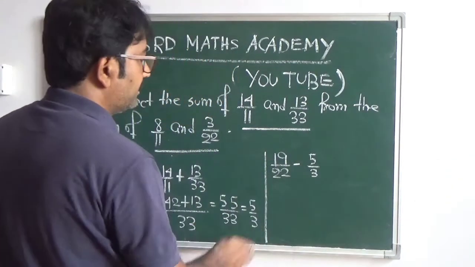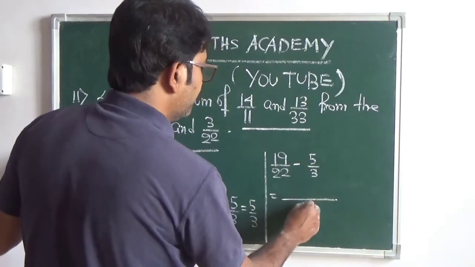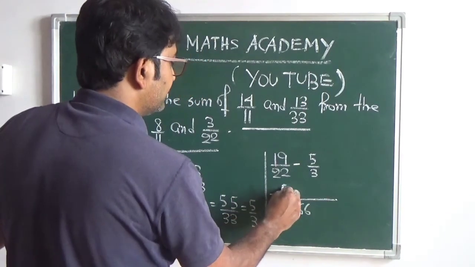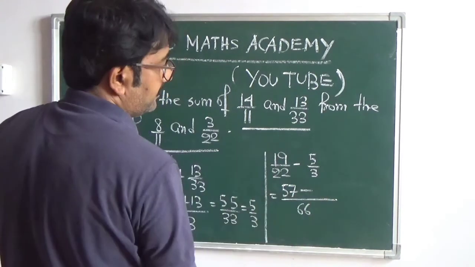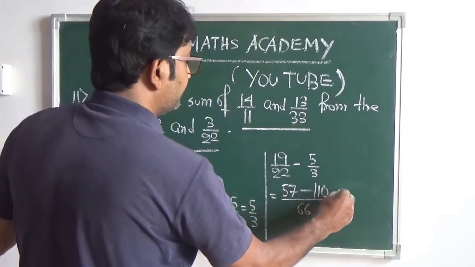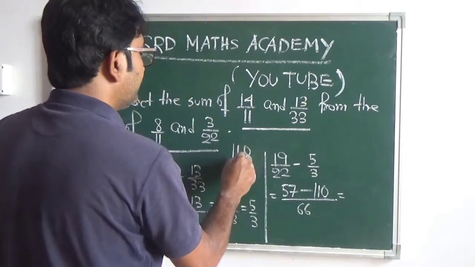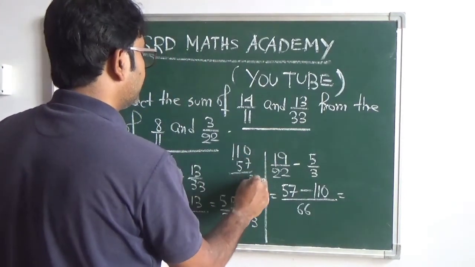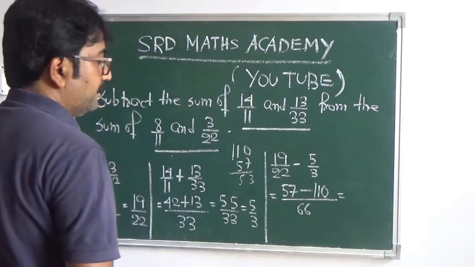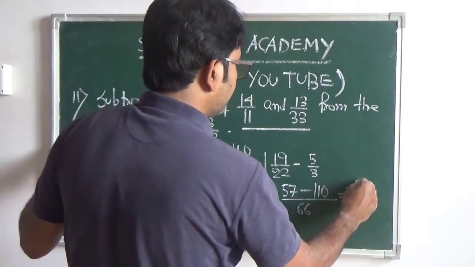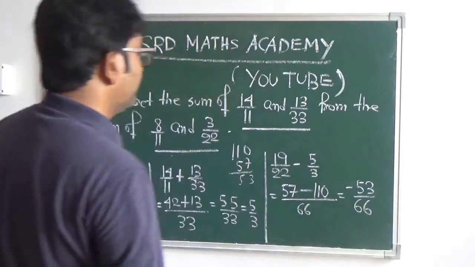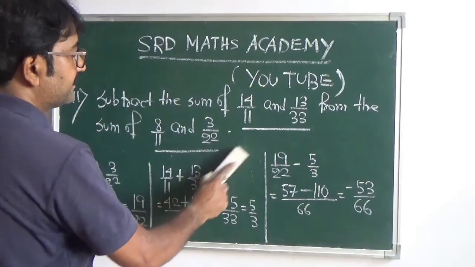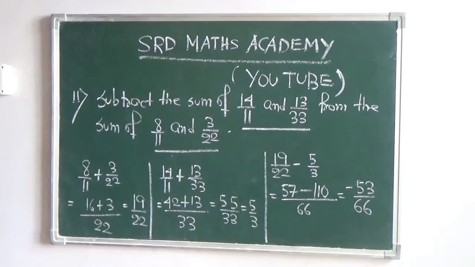This is 66, so this is 57. Minus 22 into 5, this is 110. 110 minus 57, how much? Minus 53. So the result is minus 53 by 66.